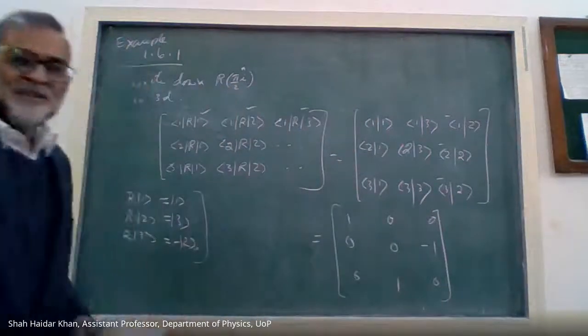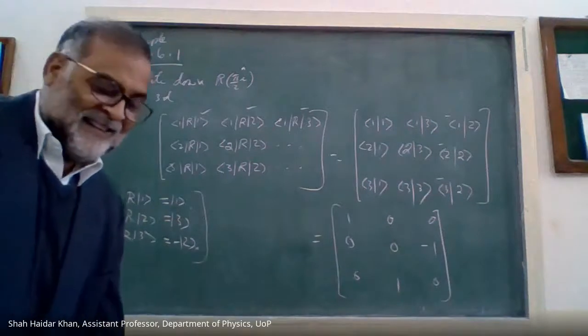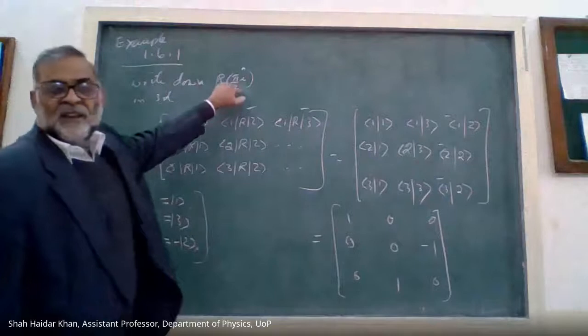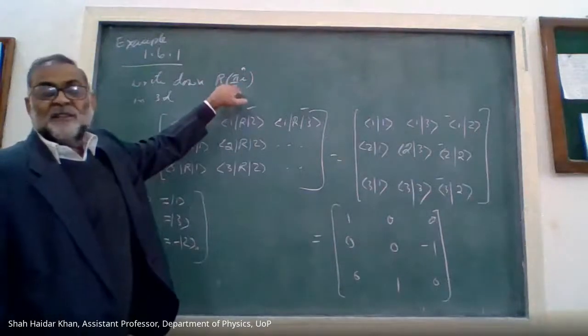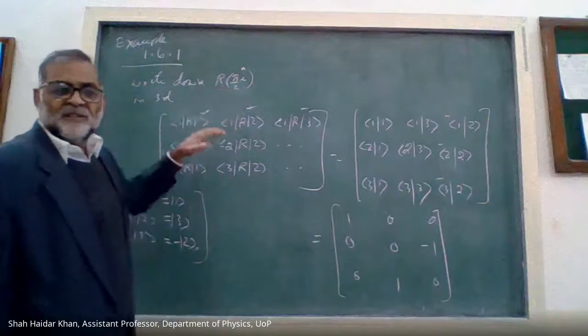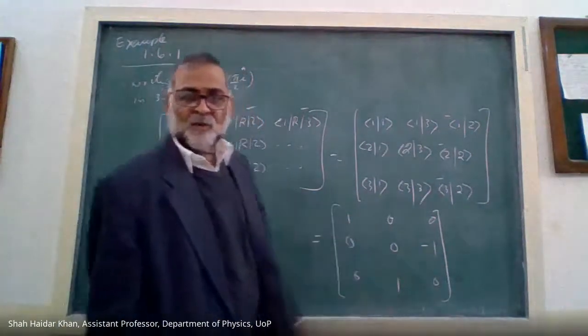So that is the matrix for the rotation operator, in which we rotate the system by pi by 2 around the i-axis. This operator represented in matrix form is this one.